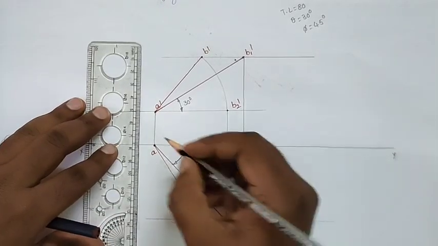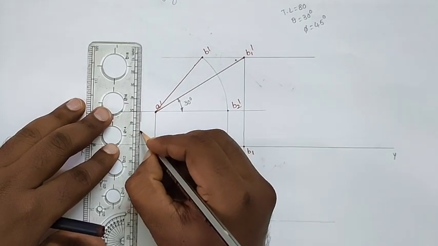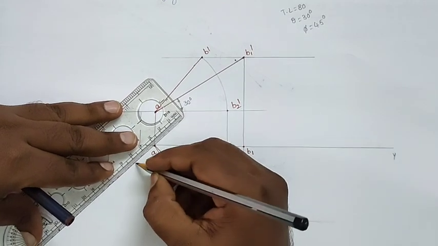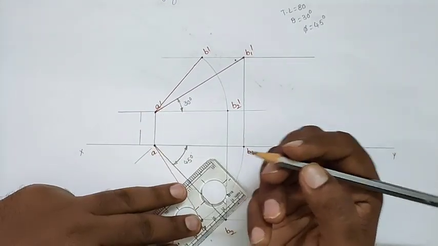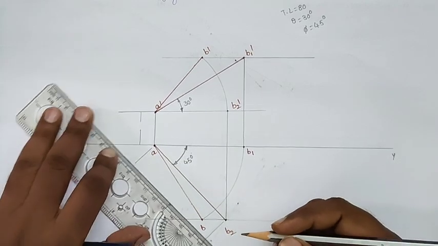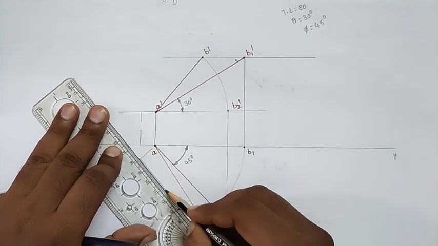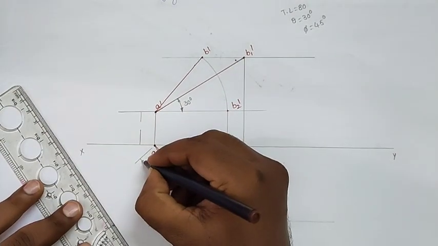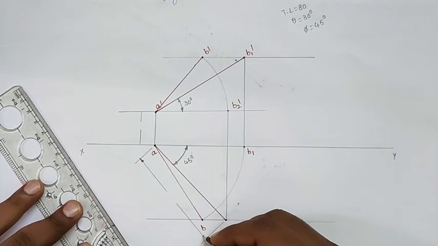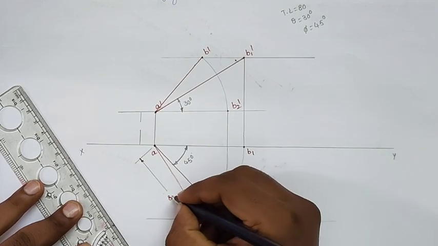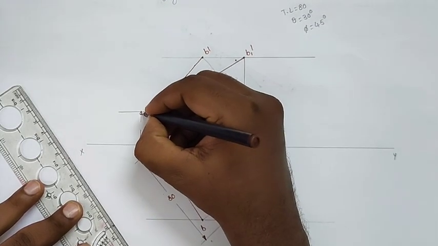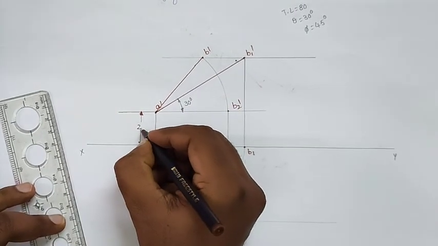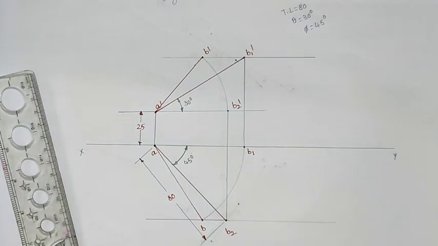And also this dimension is clearly given. AB2 and A dash B dash dimensions are also given in the problem, so you can mention only one of the dimensions. So this is 80. So this is 25 mm above HP. So like that we will draw the projection.